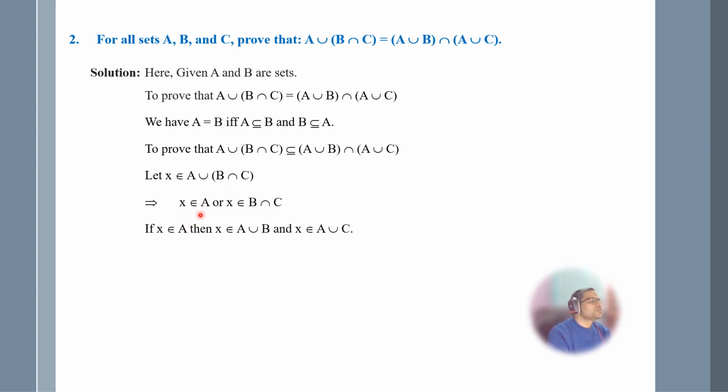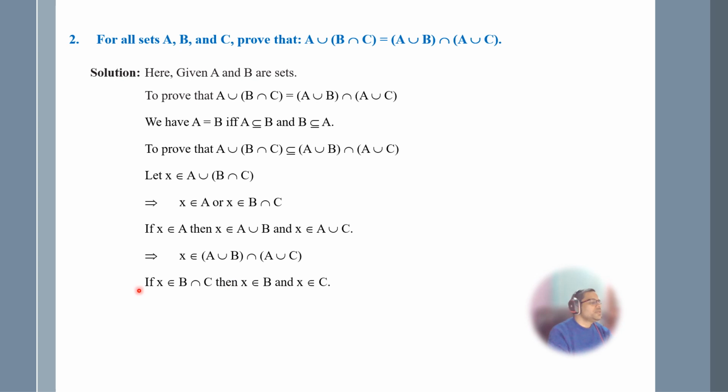And if x belongs to A, then x belongs to A intersection B and x belongs to A intersection C, because both of them will have the elements of A. And then similarly, this implies that x belongs to (A union B) intersection (A union C).